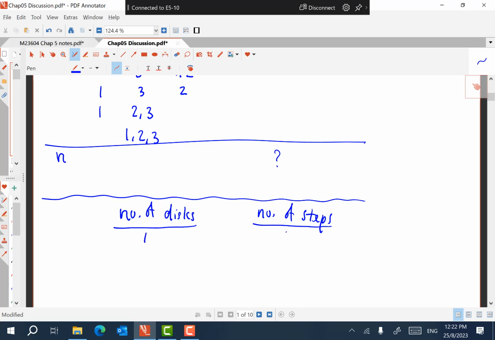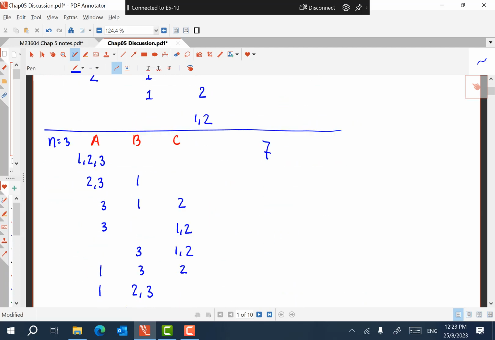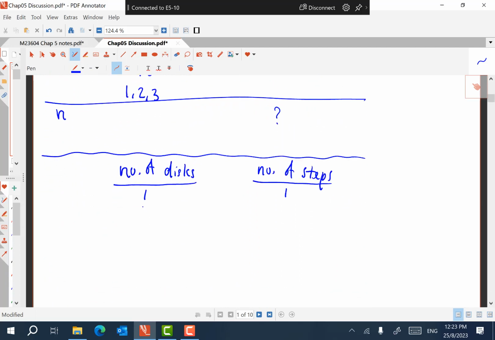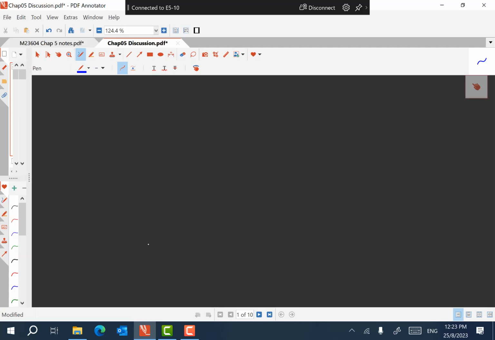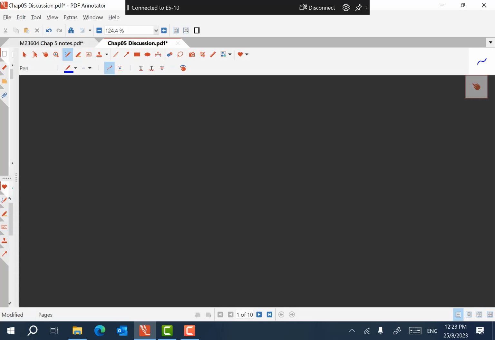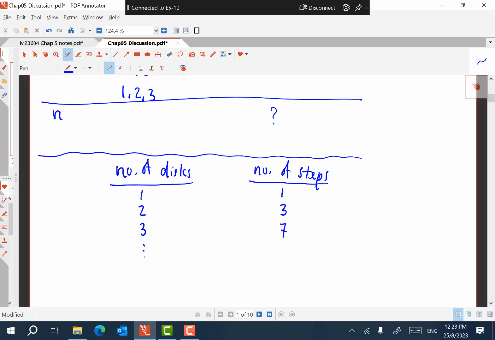When it's 1 disc, 1 step; just now we have calculated when it's 2, it is 3 steps; when it's 3, it is 7 steps. So now if you have n discs, what is this in terms of n?